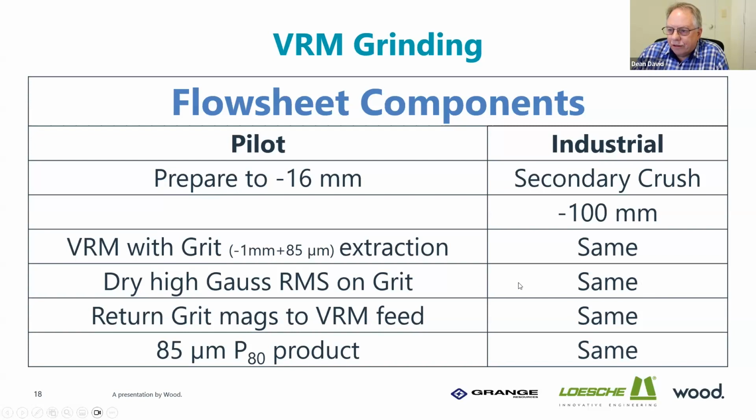And basically you can emulate that at pilot scale. You return the grits that are magnetic to the VRM to be ground further. Again, the same can be done at pilot scale. And the product that is generated is exactly the same because it's generated by air classification, both at pilot scale and at full scale. And because of the database they have, that's been proven many, many, many times.